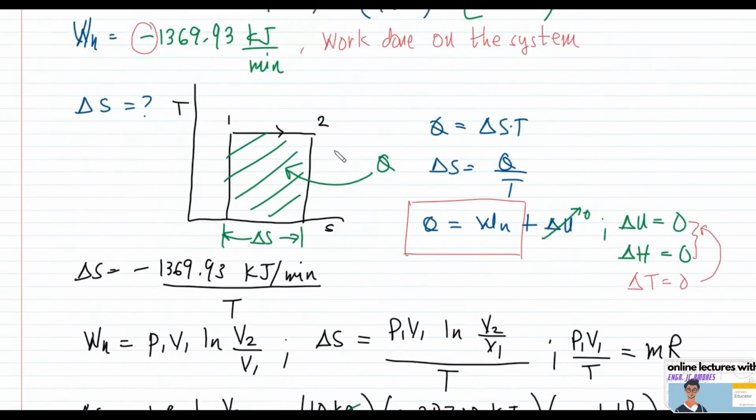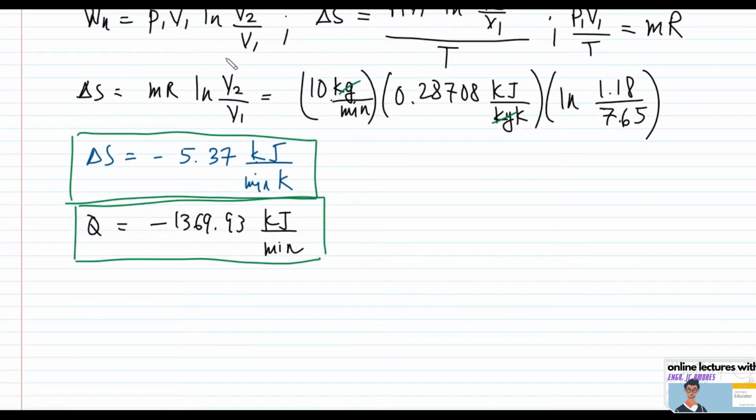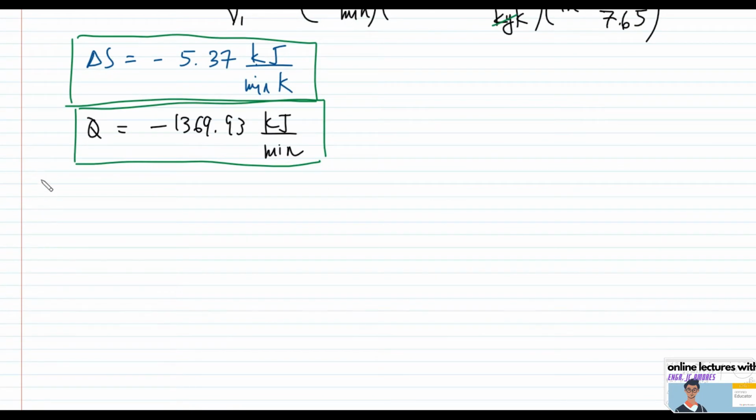So let's go to letter B. Letter B, we have the steady flow process.